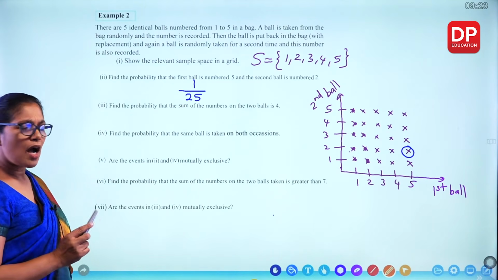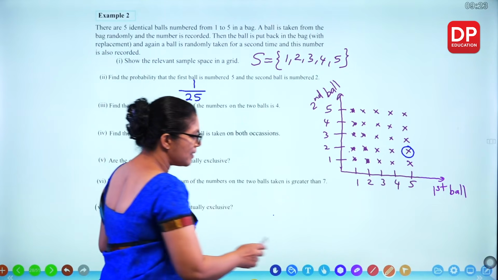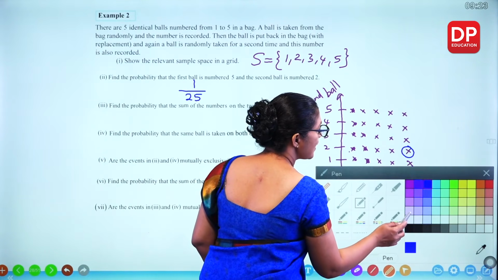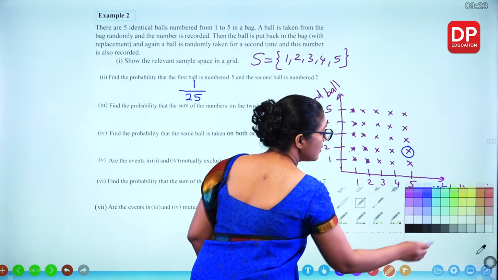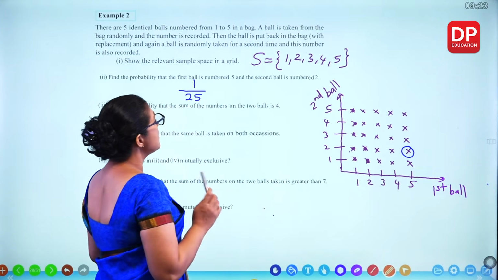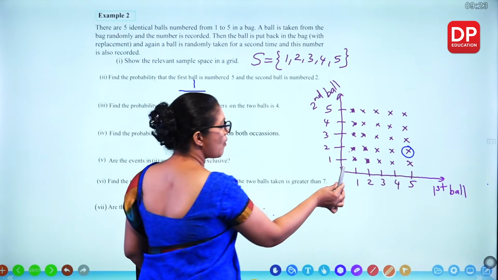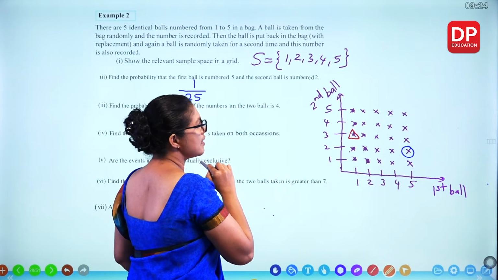4. How can we get 4? So we need to identify the possible outcomes. I'll take red color one. The sum is 4. How can we get sum 4? 1 and 3.